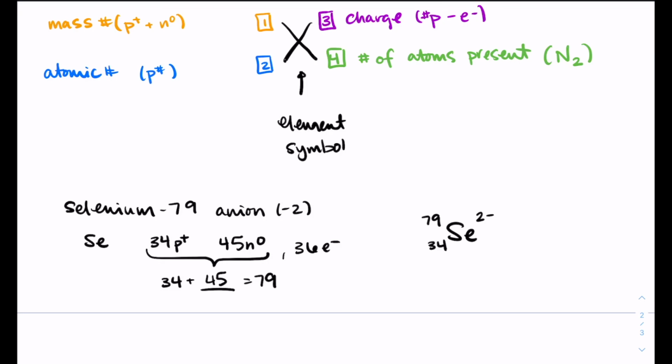Now, if it has an overall negative charge, that means it has more electrons than the neutral atom. And it has 2 more because it has a -2 charge. So neutral would be 34 electrons. This atom has to have 36 electrons.